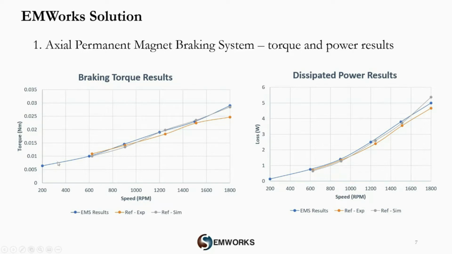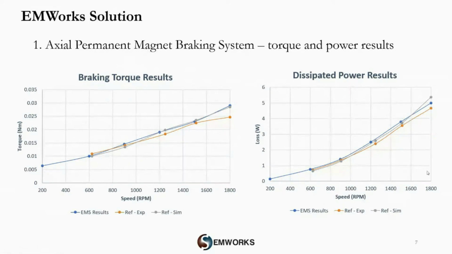So as you can see, the higher the speed, the more torque you can generate. On the right side, the dissipated power is also proportional to the speed of the disk.